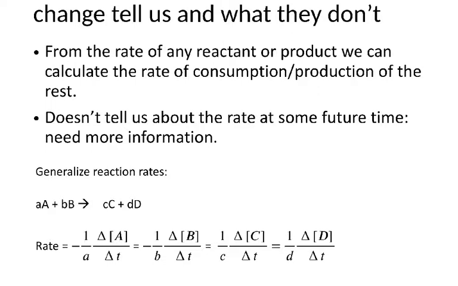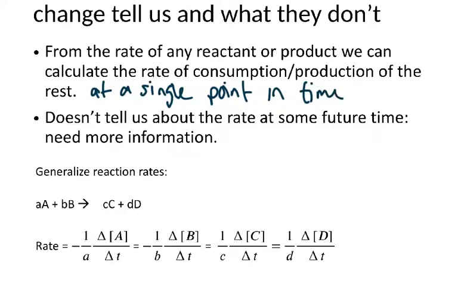So if you know the rate at a single point in time, you can calculate the change in other reactants and products simply by taking, so the overall rate is going to be negative for our reactants here, -1 over the coefficient for A times the change in the concentration of A over the change in time, or -1 over the coefficient in front of B times the change in B over the change in time, or for the products are defined as positive, same idea.